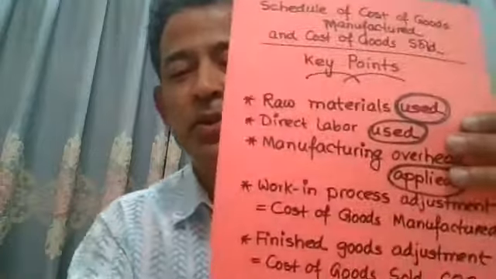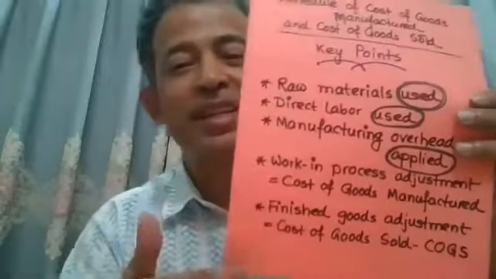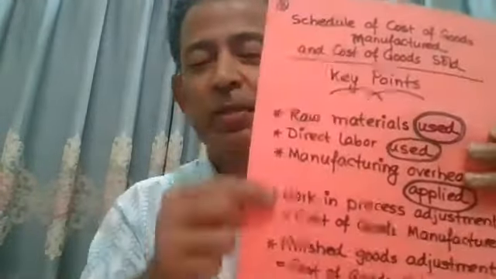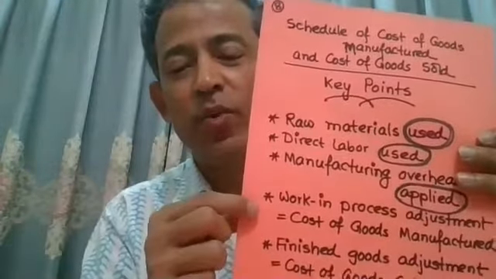So initially materials used, labor used, and overhead applied. Then once you carry out the adjustments for over and under applied, overhead also becomes used, not applied.